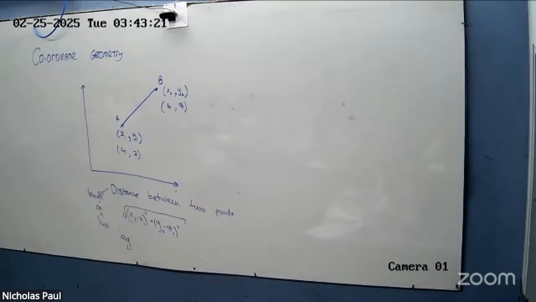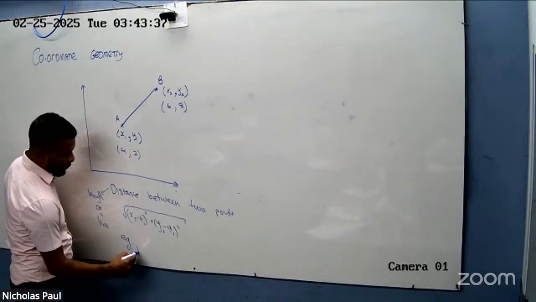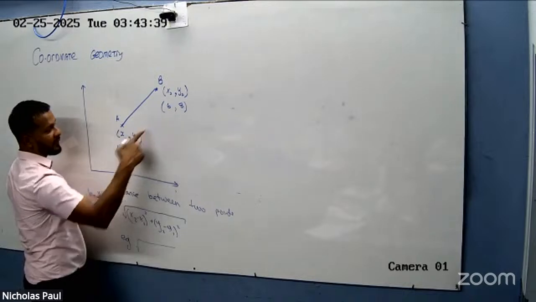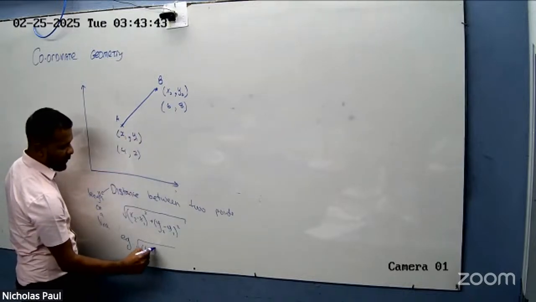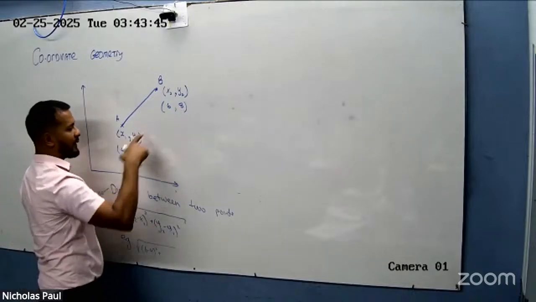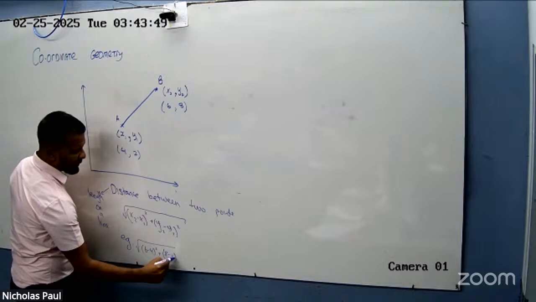Right? Use the formula and find the distance between the 2 points. What you can do? 2 root 10. So you end up with the square root of x2 minus x1, so that's 6 minus 4 squared plus y2 minus y1, 8 minus 2 squared.